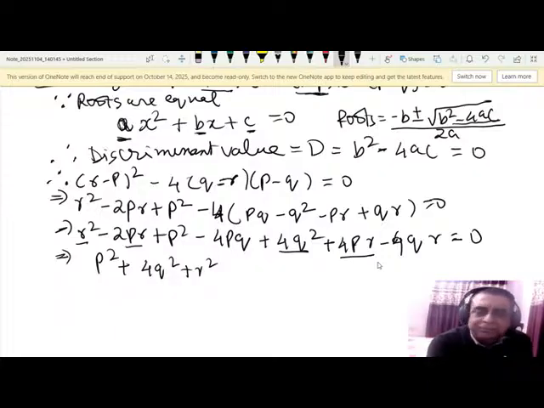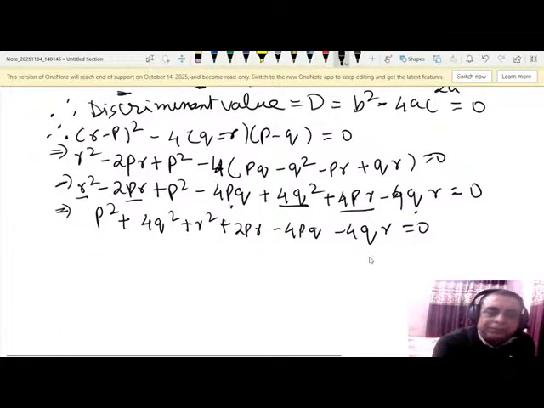These are like terms because their variables are the same, pr and pr. So minus 2pr plus 4pr is plus 2pr. And minus 4pq and minus 4qr are left. Value is equal to 0.